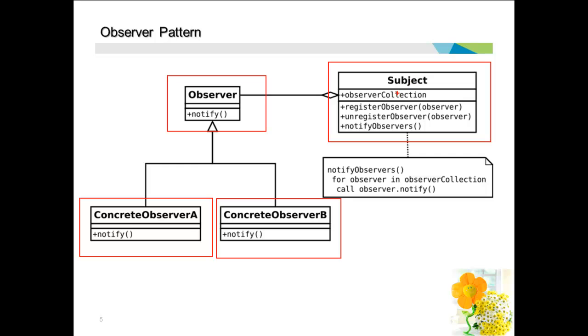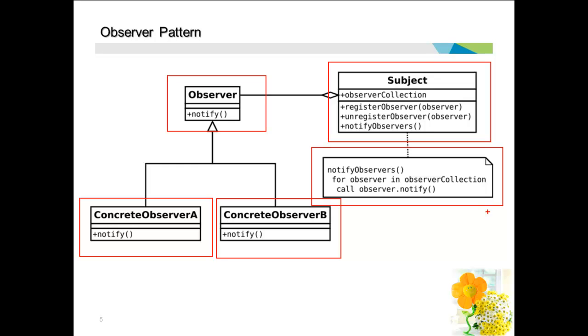And then this subject will maintain the list of all these observers, and whenever you call notify observer, it is going to loop through all the existing observer references that it has got, and it is going to call the notify method on each of those instances of type iObserver.